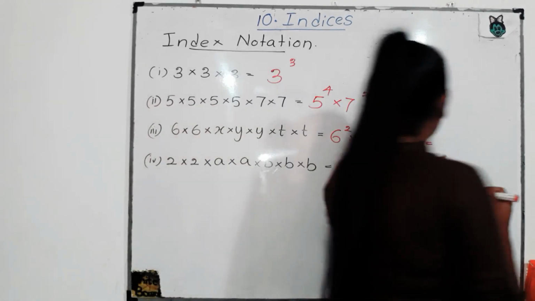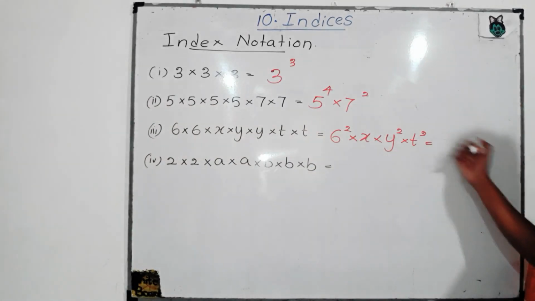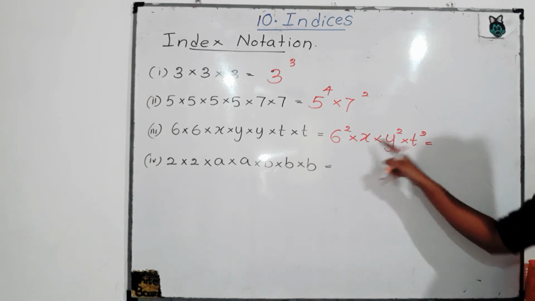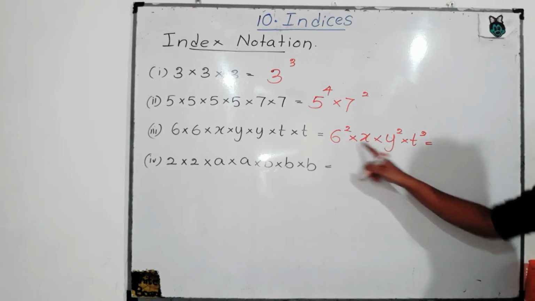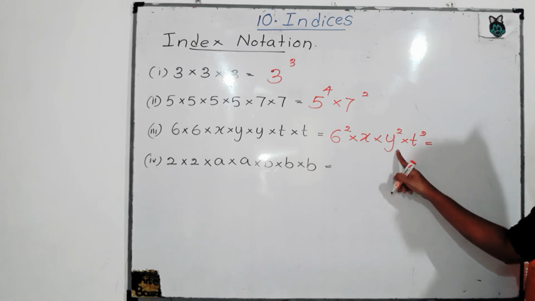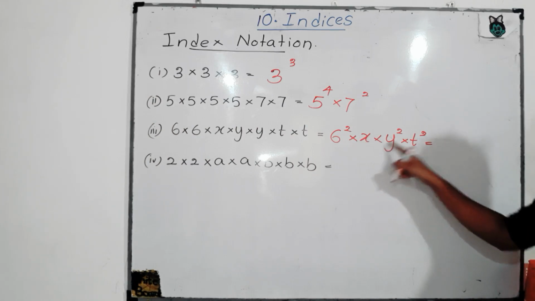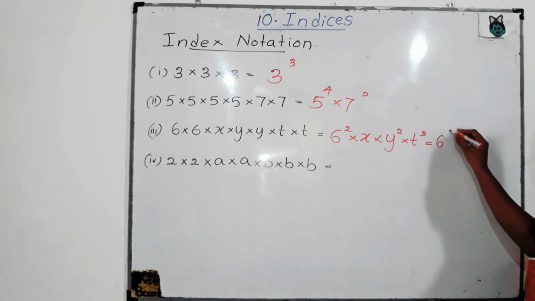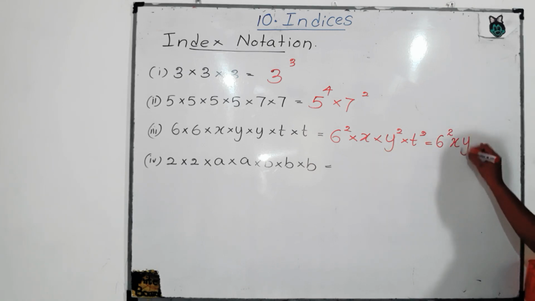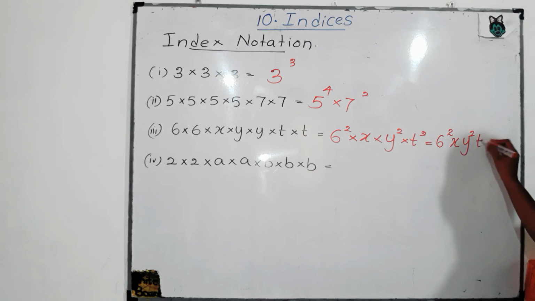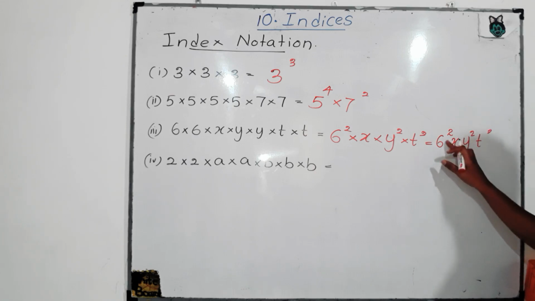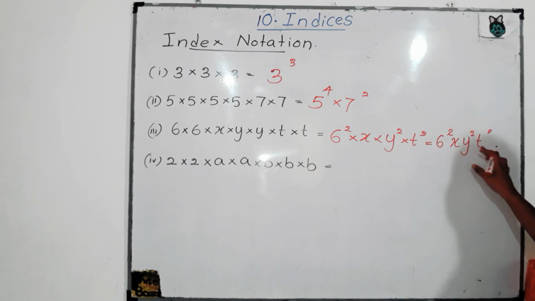In here we can write this one in this form. We can remove this multiplication symbol because there are letters. Then we can remove these multiplication symbols. Then we can write 6 to the power 2, x, y square and t square. We know these bases are connected with the multiplication symbol.